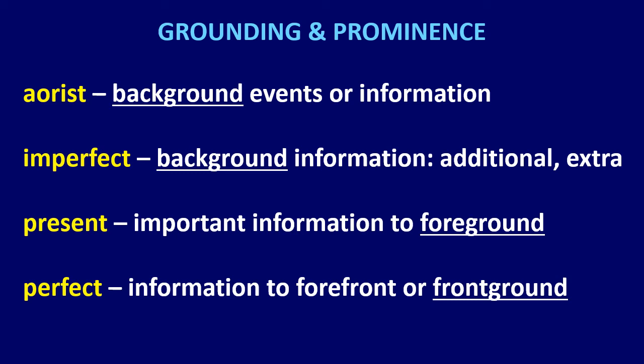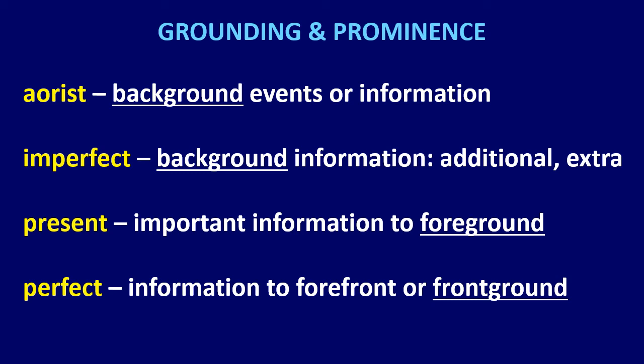You shouldn't be reading, let's say, the book of Acts, and you see all these different uses of the aorist tense, and think that they must have some deep theological meaning. No, it's more likely that the writer is just giving you a lot of background information or events to develop the storyline.